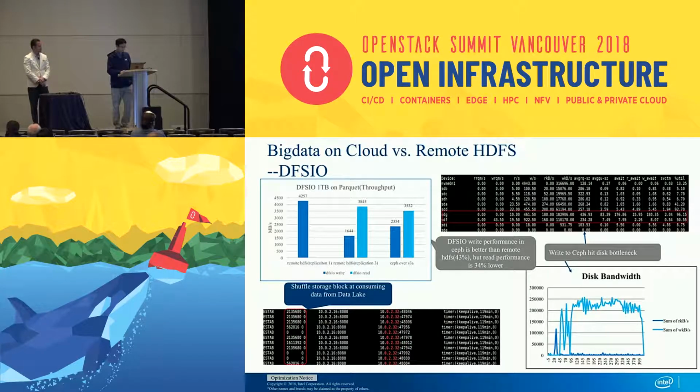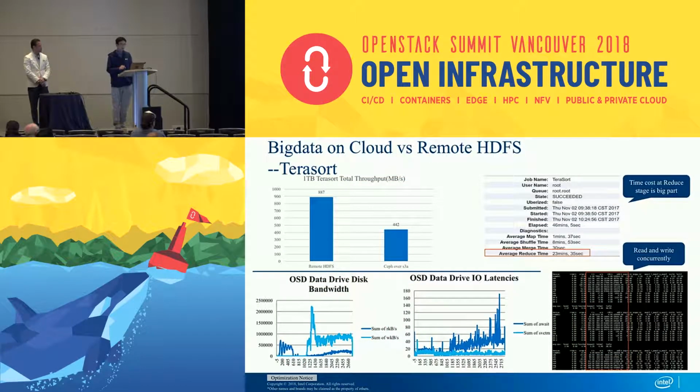And then we also did the TeraSort. This again proves our conclusion. We found in TeraSort the reduce time is much bigger than the HDFS-based solution. That's because there are lots of rename operations during the reduce stage.